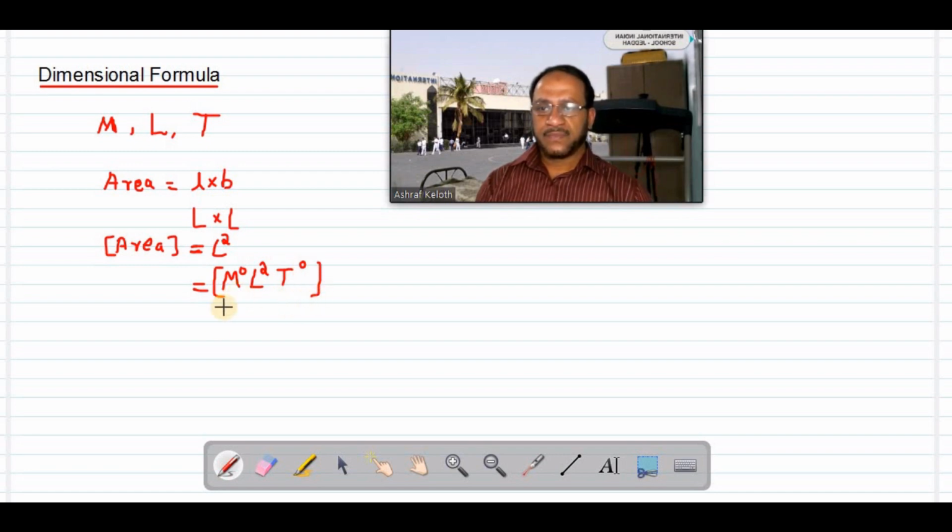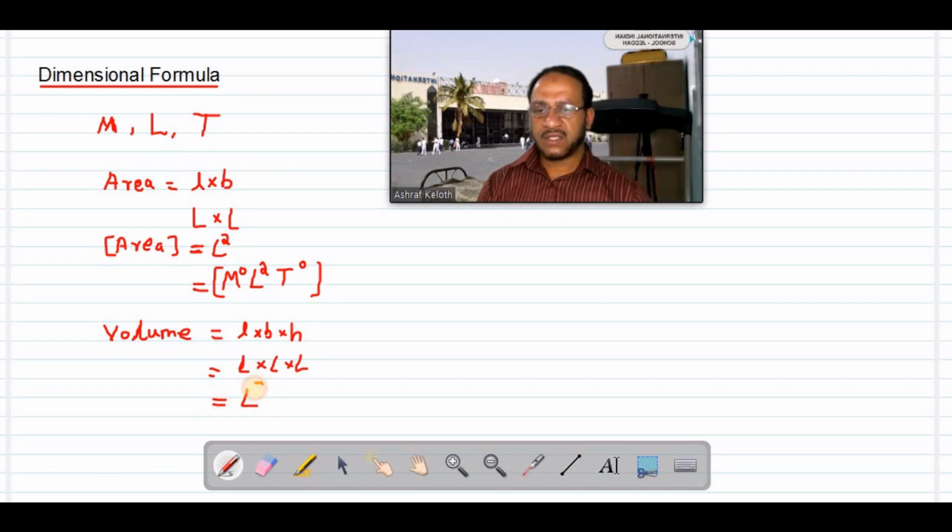Got it? Next example, the dimensional formula of volume. We know the equation of volume is LBH, length into breadth into height. All these three are measured using a ruler, in meter or centimeter, so all are length only. So we can write L into L into L, and volume has the dimension L cube.